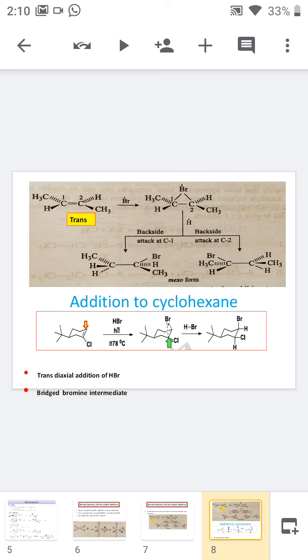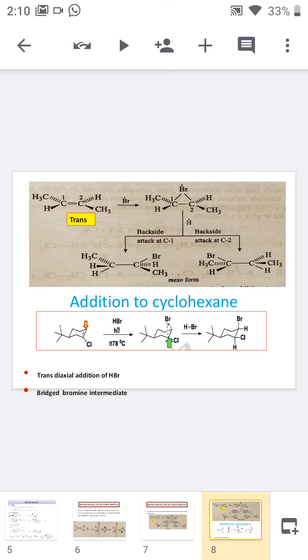So that position is the attack of the bromine radical, and after the attack of the bromine radical, we will get a radical in a cyclic ring. In order to stabilize that radical, the electron pair on the bromine coordinates, or forms a partial bond, just like in neighboring group participation. Then after that, a hydrogen radical attacks the same cyclohexane ring from the opposite direction of the cyclic bromine radical.